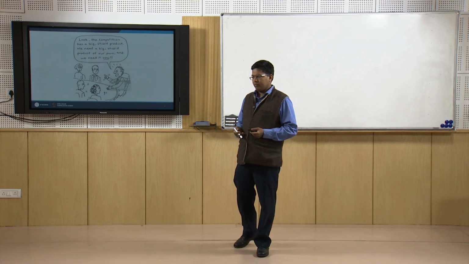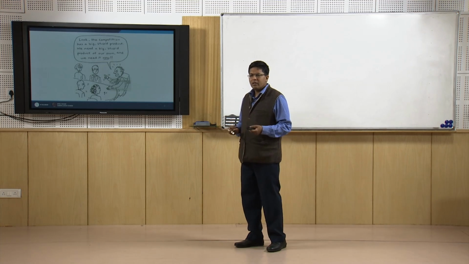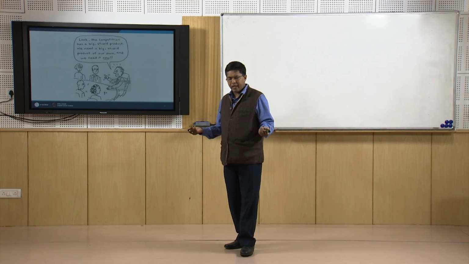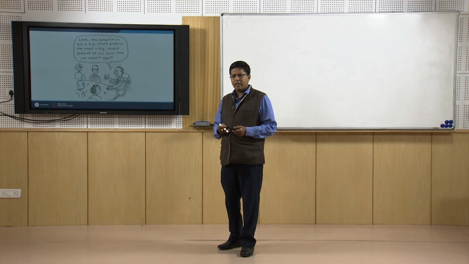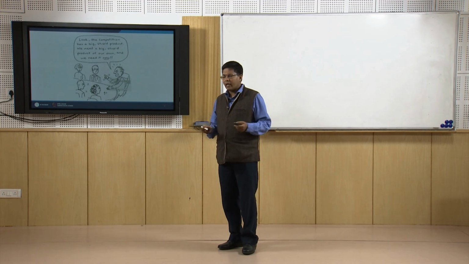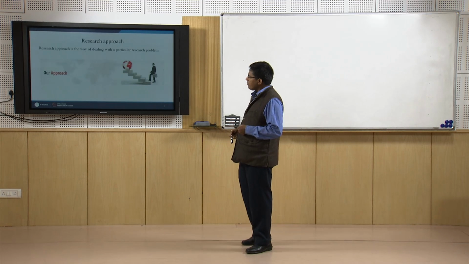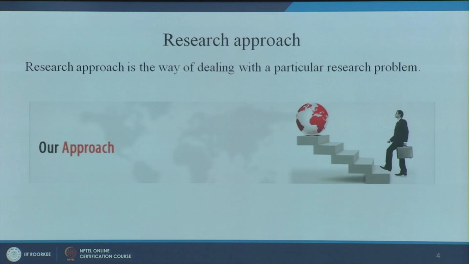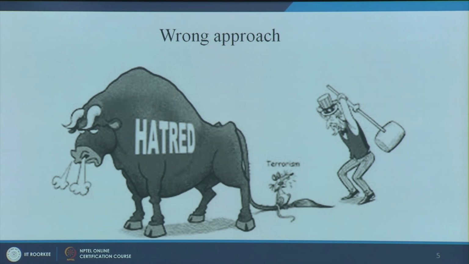As I said, it depends on the situation the researcher is in, whether it is a practical empirical situation, or a theoretically observational or research oriented one, that is to be seen. So, it is the way of dealing with a particular research problem. Our approach is saying how do we go up the ladder, go up the stairs and reach the goal. Now, let us look at this approach.